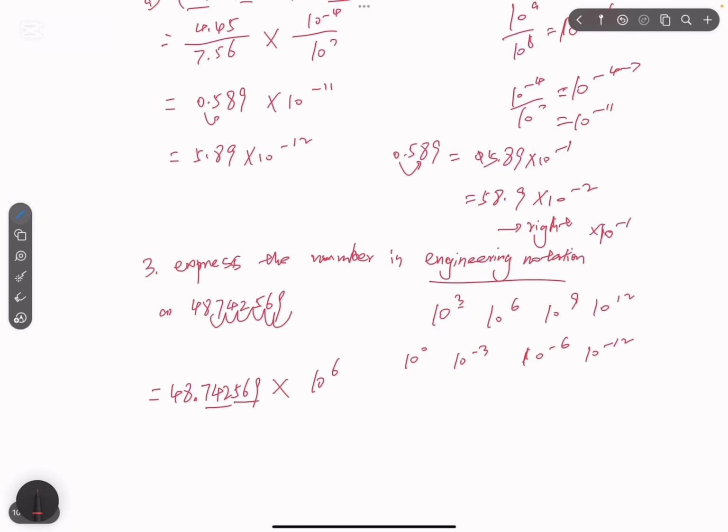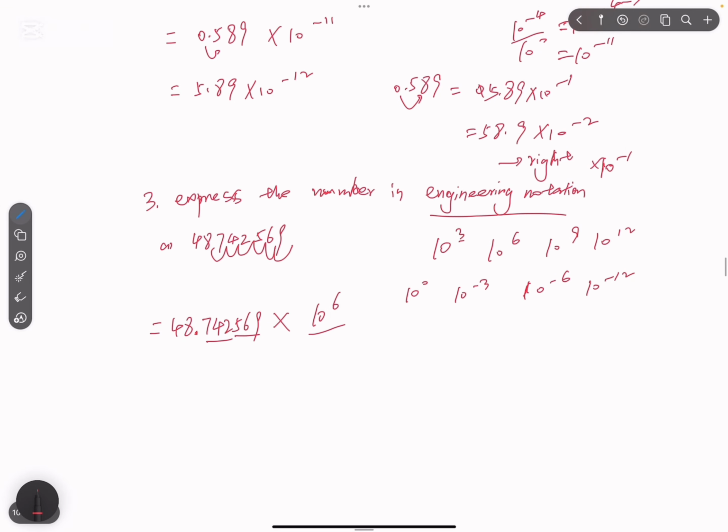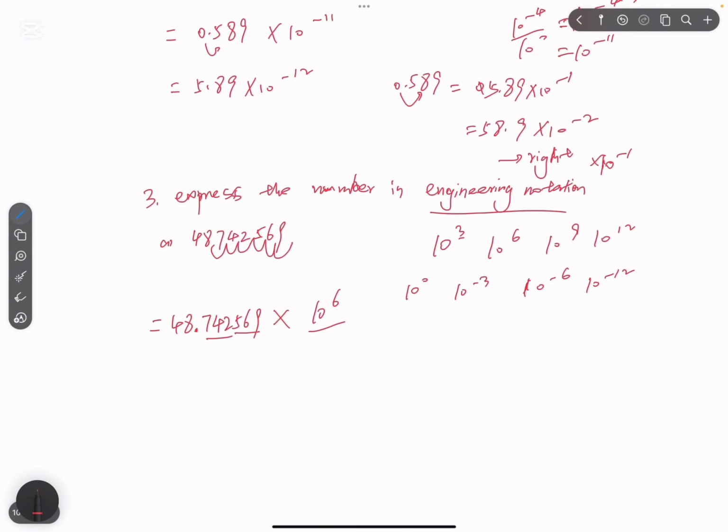So we have 6 digits after the decimal. Basically, we move the decimal from right to left 6 times. That will give us 10 to the 6.